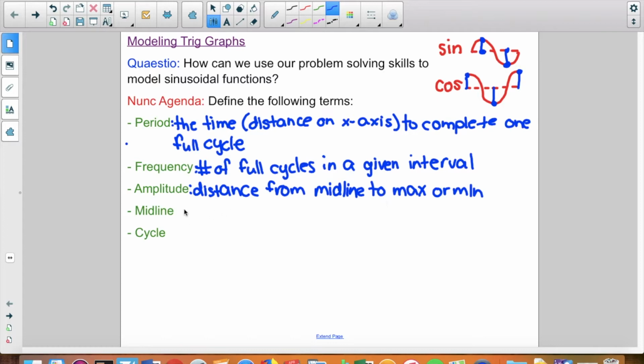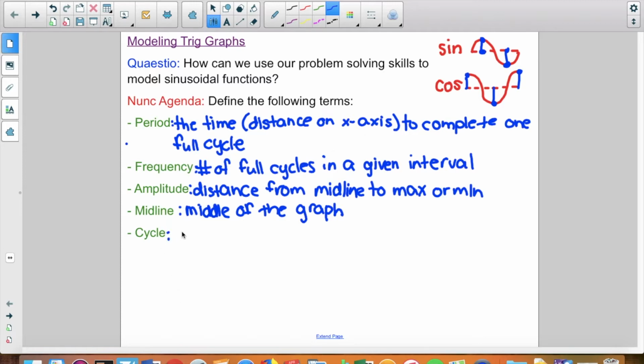Okay, moving on. The midline is just the middle of the graph. And lastly, a cycle.